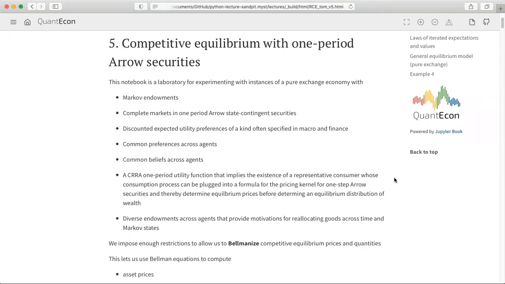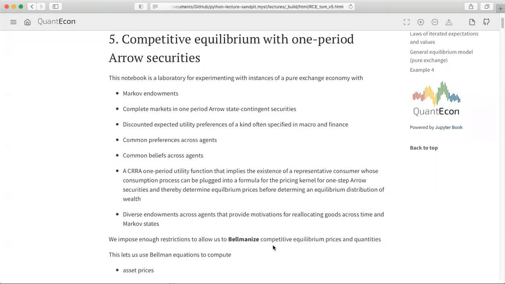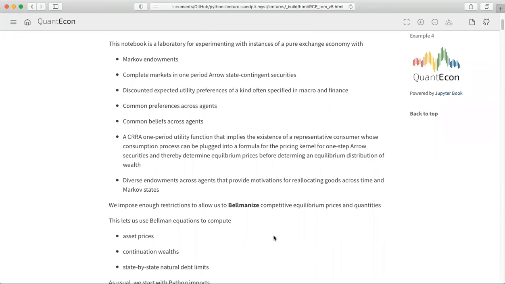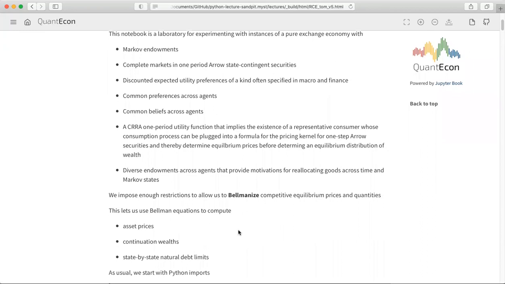We wanted to be able to compute equilibrium prices before actually figuring out what the distribution of wealth was. That afforded us a great computational ease. And we did a lot of work so that we could Bellmanize a bunch of things. So this is all just review.